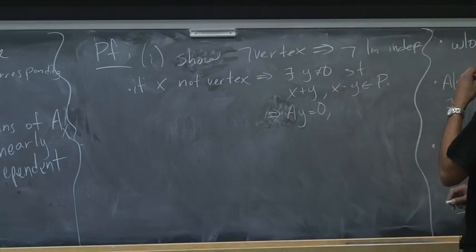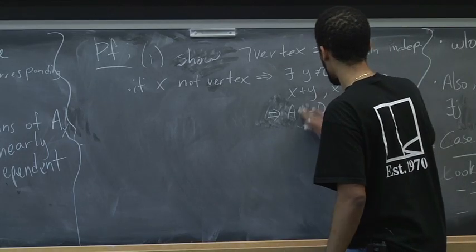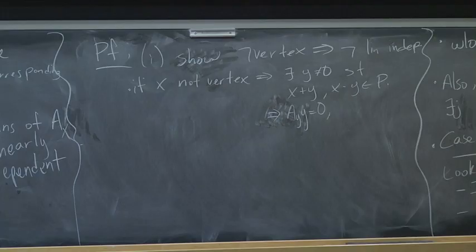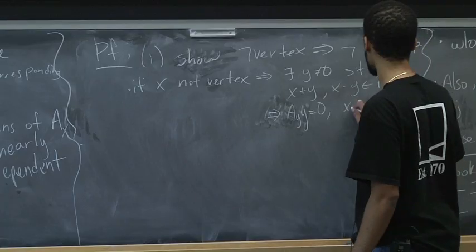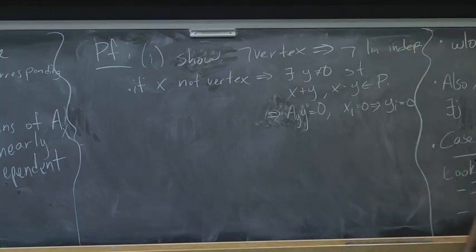And it also implies that if xi is 0, it implies that yi is 0. Remember, we saw this last time.